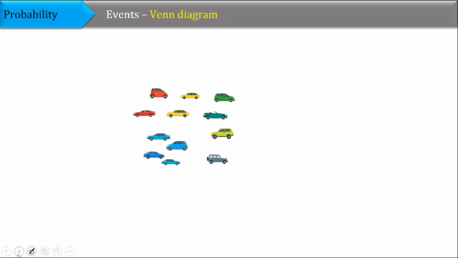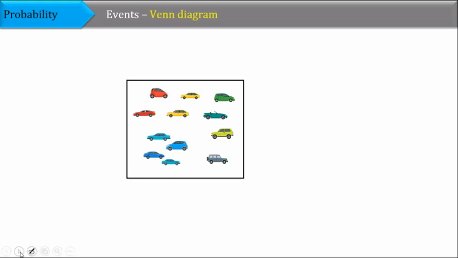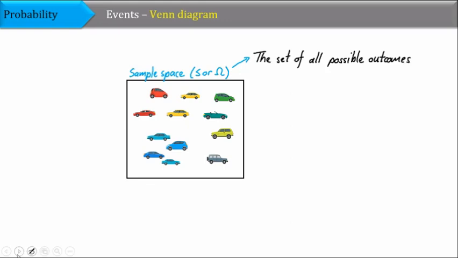Now, let's look at how we can actually go about illustrating these outcomes. You'll recall from the section on types of data, I used this example with the cars, so I'm going to go back to it. So let's suppose that we have this selection of cars, and I'm going to fence them off in that rectangle, and I'll call that my sample space.